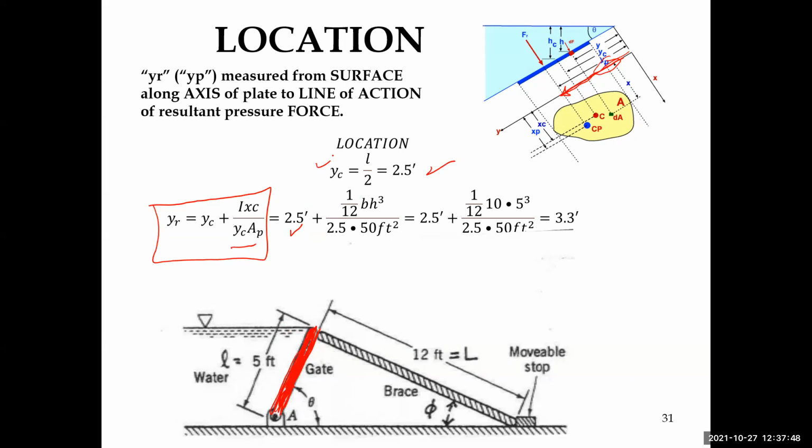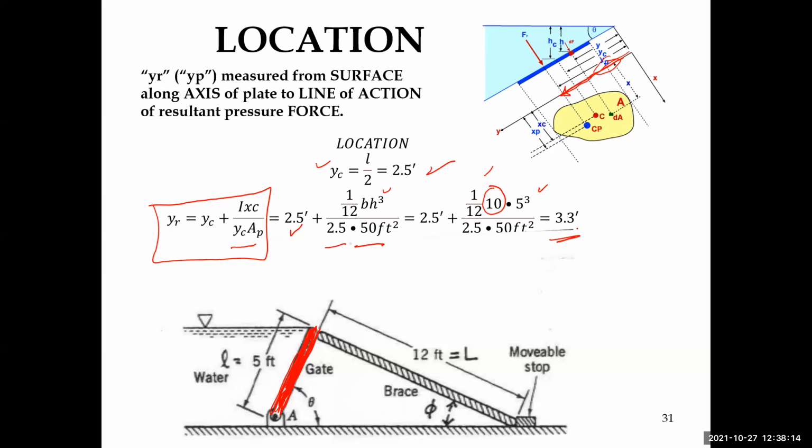And so we have Y sub C plus 1 over 12 B H cubed divided by Y sub C times the area. I know that the base is the distance into the board, and that's 10. I know that the length is 5. So therefore, Y sub R is equal to 3.3 feet.